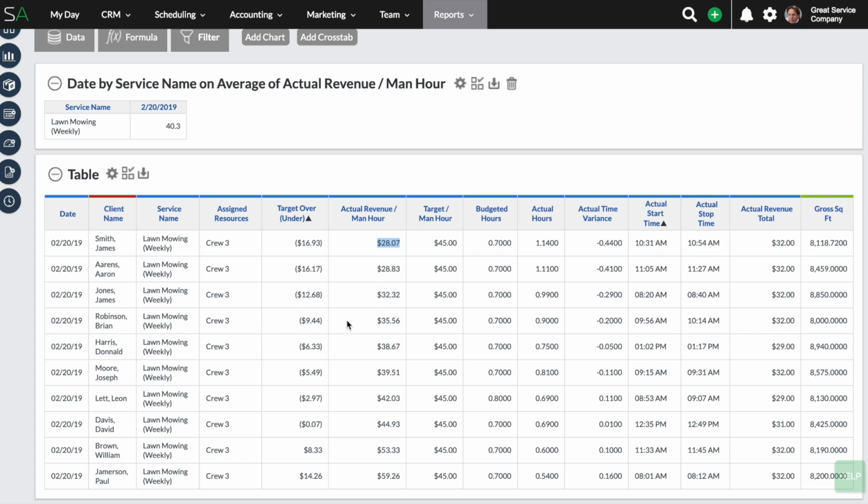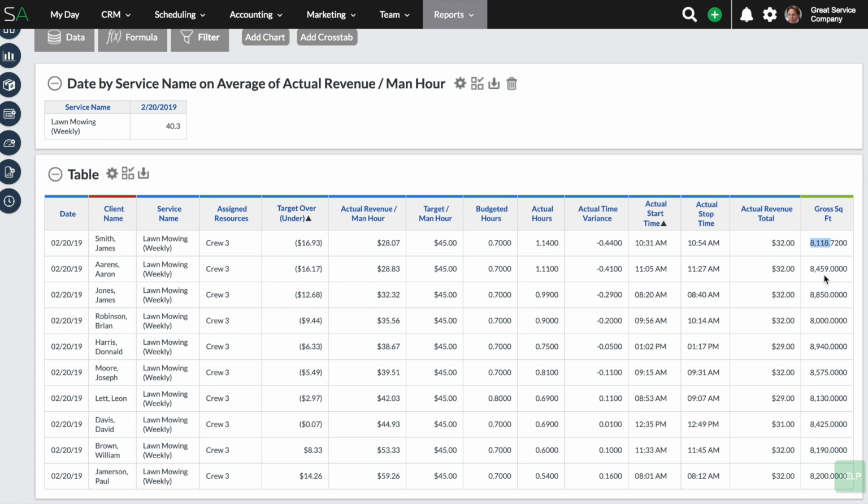The other thing is, by collecting this data, I can start to learn my pricing. I gave some examples of that earlier in the video, and I'll do another video on this. On reports like this, I can see what the square footage is. So ignore the 4 decimal positions, but this is 8,118 square feet. This one's 8,459.